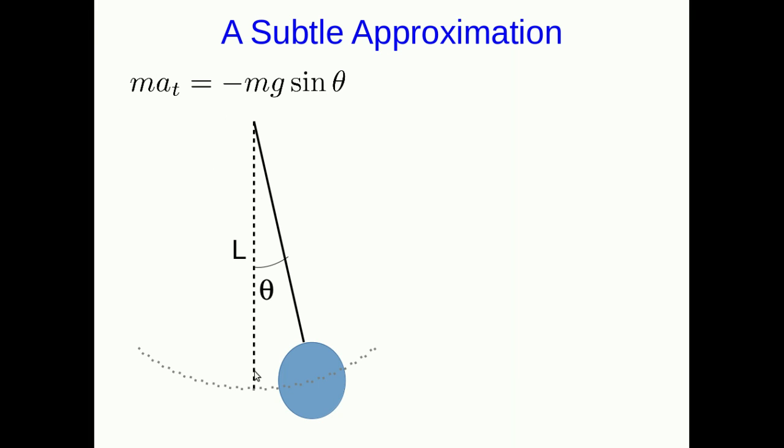Here's where things get subtle. Think about this. We would like to relate our acceleration to how far the pendulum has moved over this way. So it's really this arc length here that I'm going to call s that we want to relate it to. And, you know, this is a funny shape, right? It's not a triangle because it's got a curve down here, but it's very similar to a triangle like this with the same angle theta.